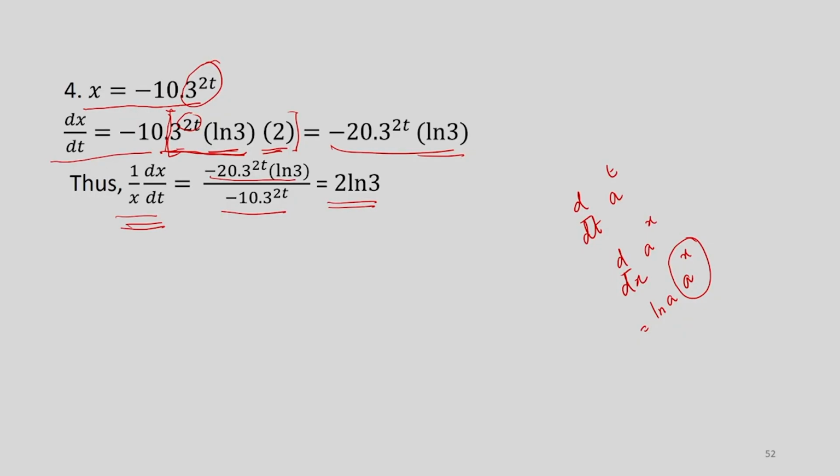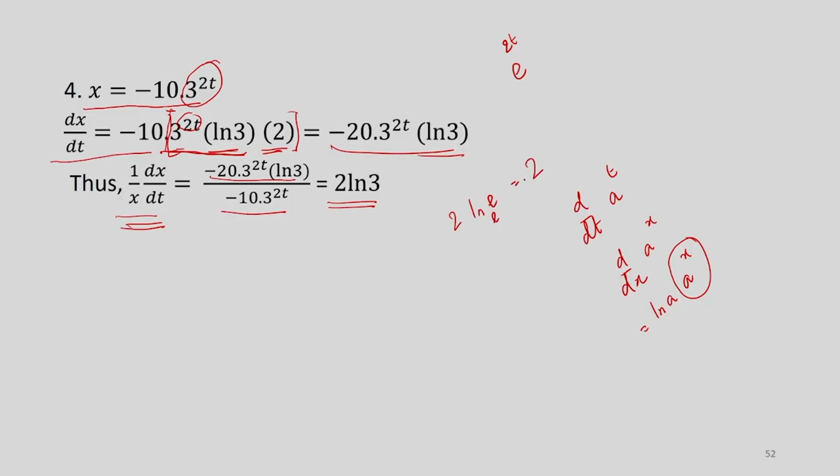Notice, instead of 3, if I had 3 replaced by e, that is e to the power 2t, then it would just have been log base e of e times 2, and that would have been just 2.